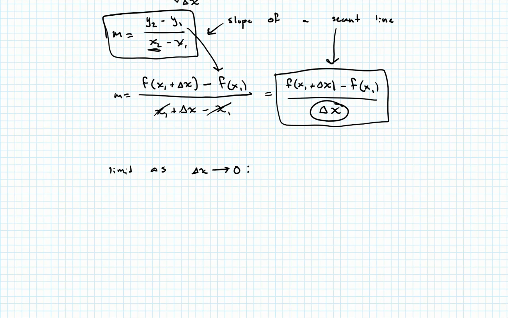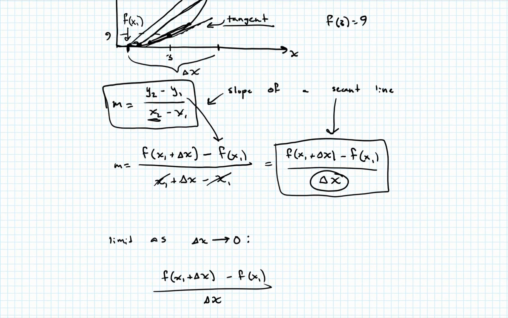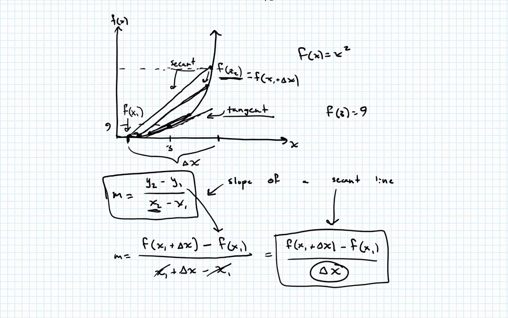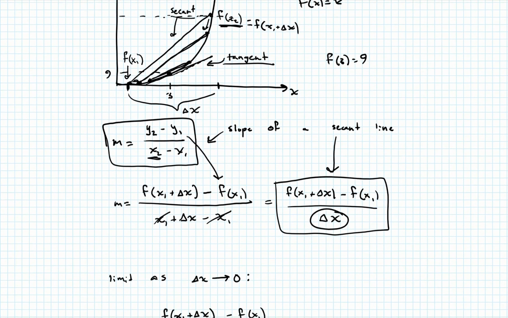The limit as delta x approaches 0 of f of x1 plus delta x minus f of x1 over delta x. And so we can actually take a few discrete points here around this point 3, right?